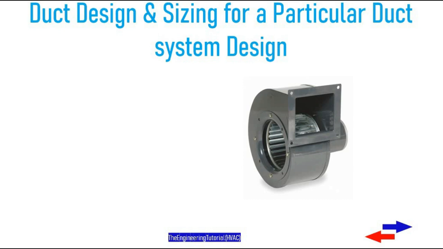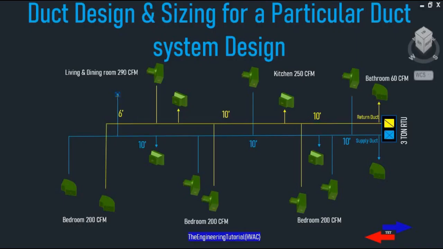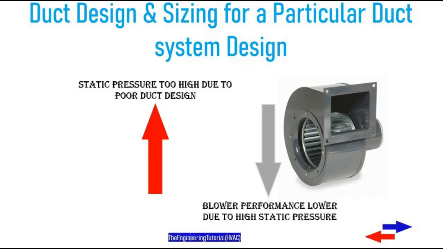External static pressure is determined by the duct system and will determine the volume of air delivered by the blower. The duct system must be designed properly to achieve the external static pressure in order to deliver the proper air volume from the blower. If the static pressure is too high, the blower will not deliver enough air to match the loads.